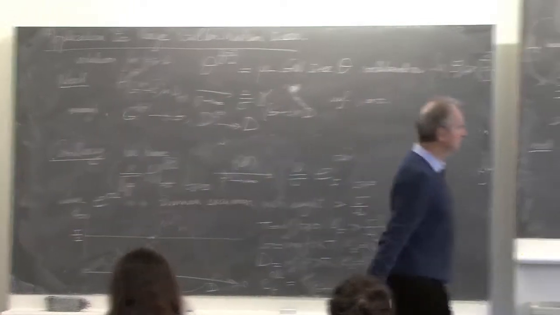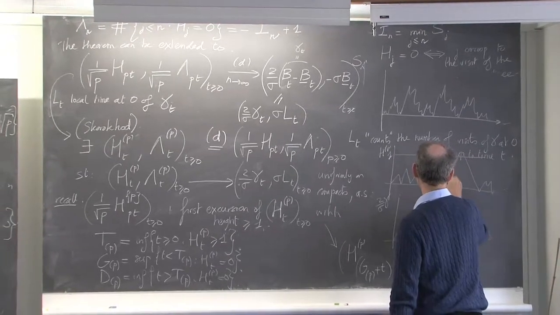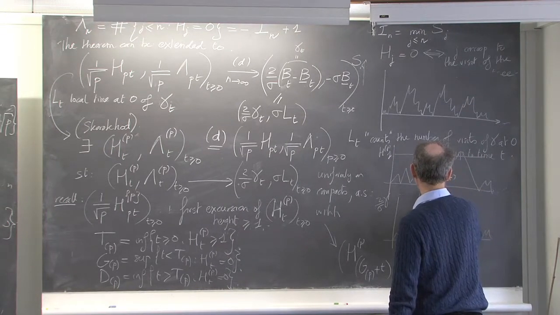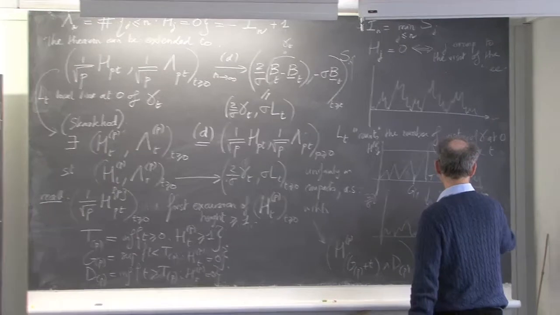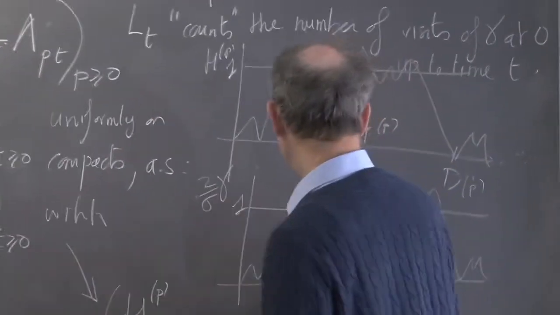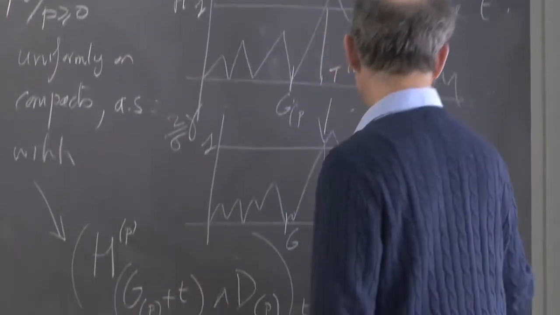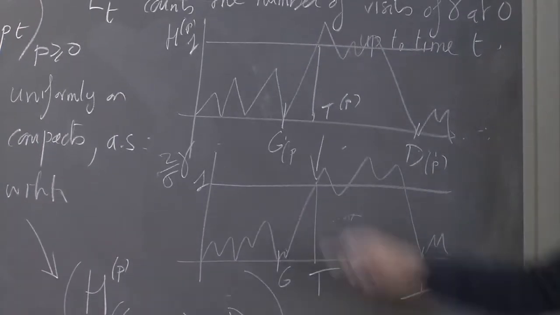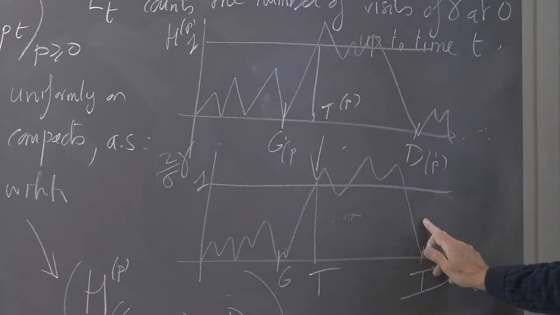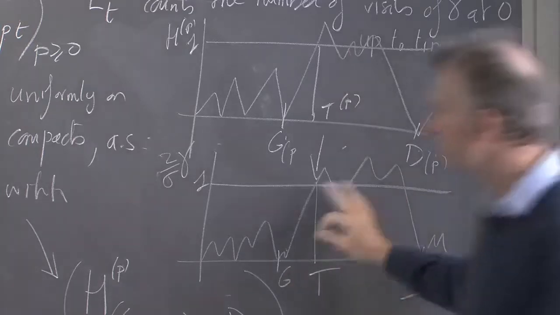Remember what is G_p? So let's say this is the hitting time of 1 here, D_p. So this is G_p and this is D_p. And here it's the same, you have the hitting time of 1, which is here, capital T, and this is G, this is D. Since your functions here converge uniformly to this one, if you can prove that the times G_p and D_p converge to G and D, then immediately you will get this convergence here.